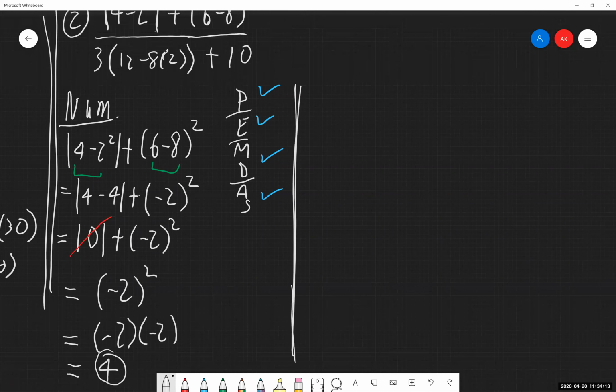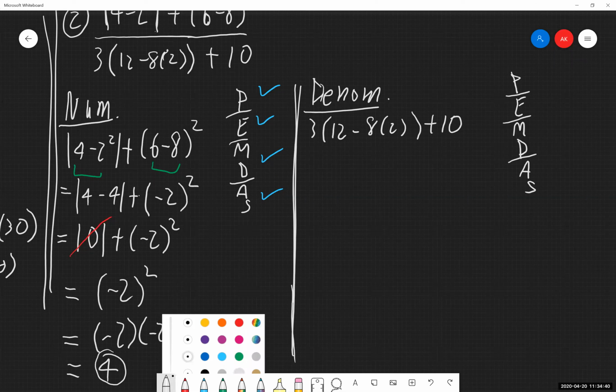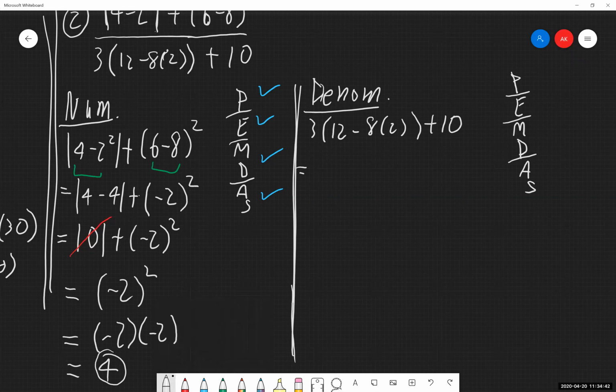We'll take a look at the denominator now. So rewriting that out for myself, and then putting PEMDAS off to the side. So again, just following PEMDAS, same old, nothing's really changing.